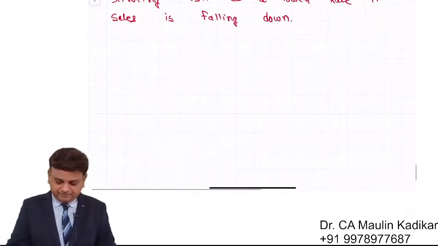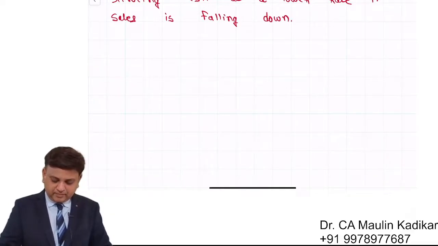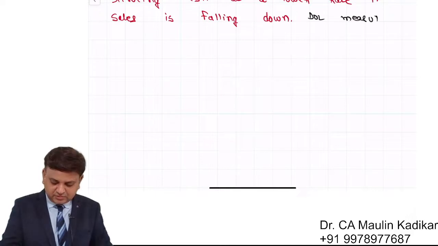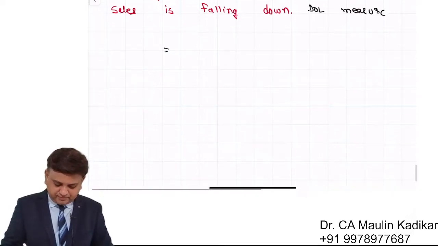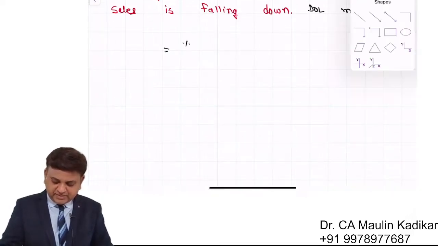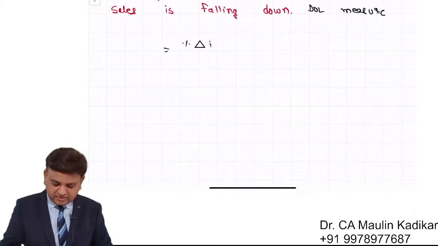Full stop. Further down, DOL measures percentage change in EBIT for every 1% change in sales.